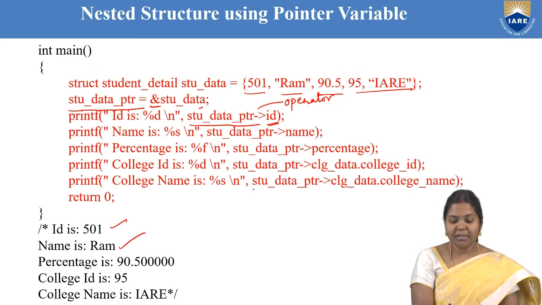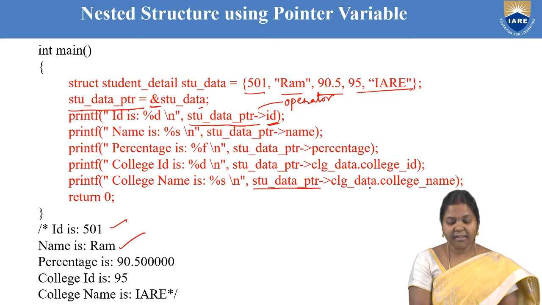So you have to write student_data_pointer, which is a pointer type variable for the outer structure, arrow college_data, which is the inner structure variable, dot college_name. The combination of arrow and dot operator is used here because both are different types of variable. One is a pointer variable, another one is a simple structure variable. So for a simple structure variable, use the dot operator. For a pointer variable, use the arrow operator.